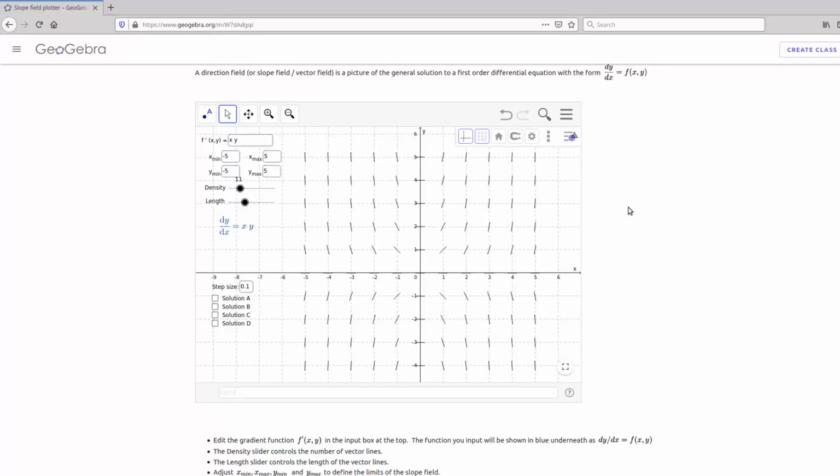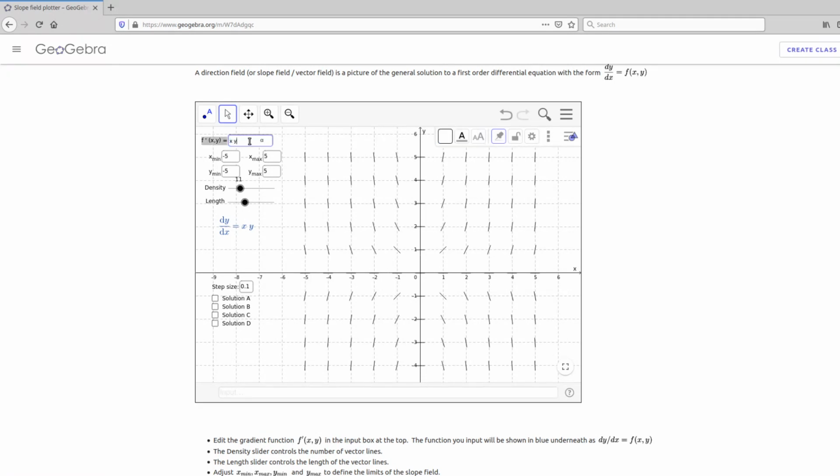Okay, so this is Geogebra.org, and it is a directional field plotter within Geogebra. How it works is you just put in what it labels as f prime here, but this is our y prime.